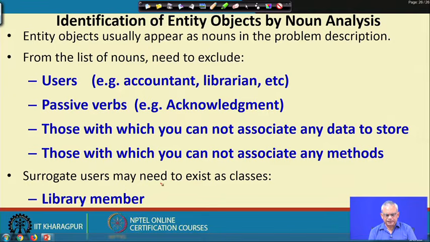For example, let us say a library member in a library automation system needs to be a class, because we need to remember how many books a library member has taken, when does he return, are there fines outstanding. So, sometimes the users may become classes and we call them surrogate classes for users.